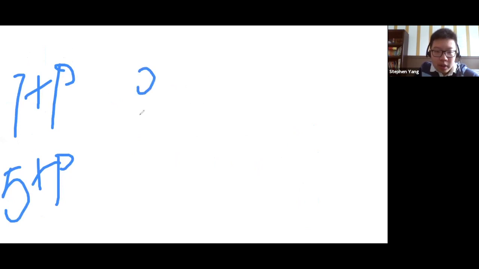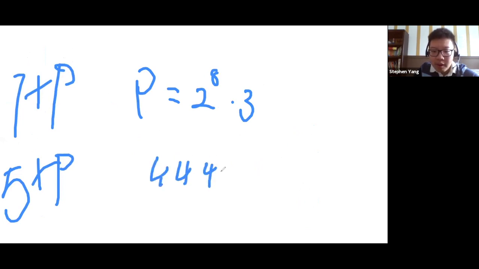Okay, so p would be 2 to the 8th power times 3 to some power. Now 2 to the 8th power is achievable using 4, 4, 4, 4. And let's see how many 3s at most we can have. So we want the maximum number of 2s, then we'll have 8 and 8.